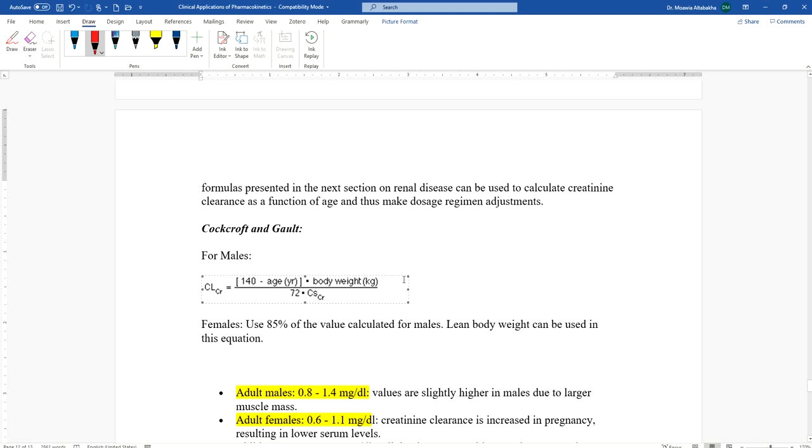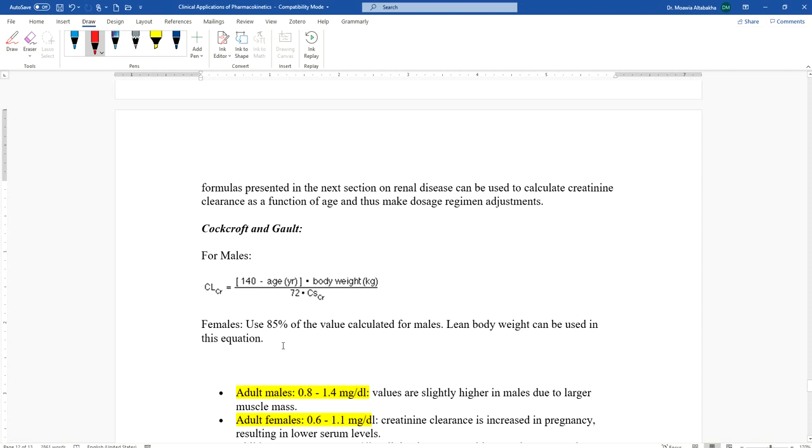Okay? Now this equation is for the calculation of creatinine clearance for males. For females, you use this equation and then you multiply it by 85%. The question is, why do we need to multiply it by 85%? Does that mean in all female patients or female individuals, they have less clearance than the male individuals?